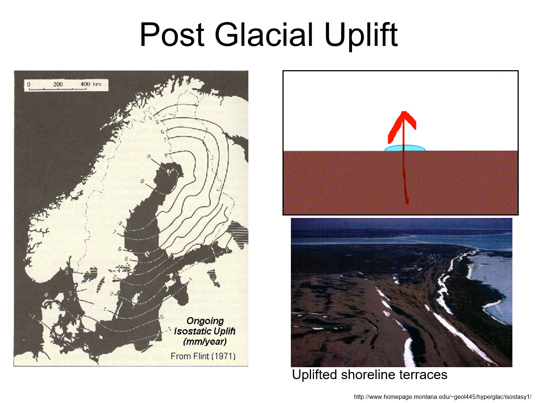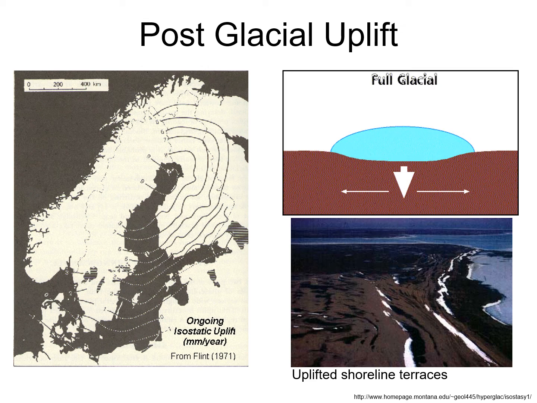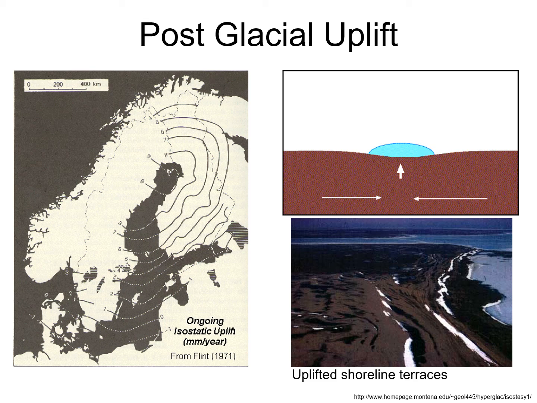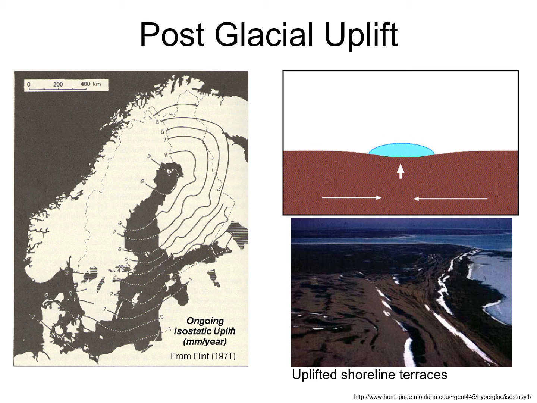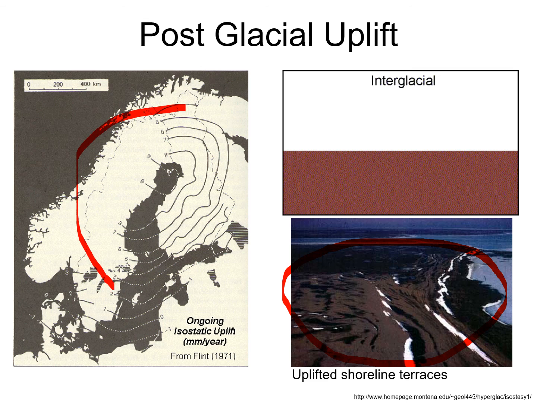But it's kind of like those commercials you may see later at night for memory foam mattresses, where they always have a demonstration of them pressing their hand down on it, then they take their hand off and it slowly springs back up. That is just like the isostatic adjustment for the crust. It does spring back up, but it does so slowly. And so we still have some uplift of areas that were glaciated even thousands of years after the glaciers melted away.